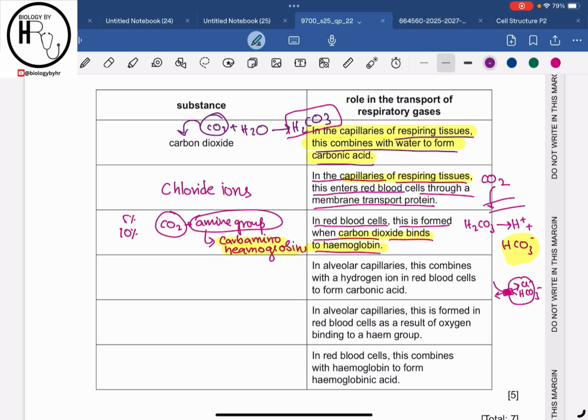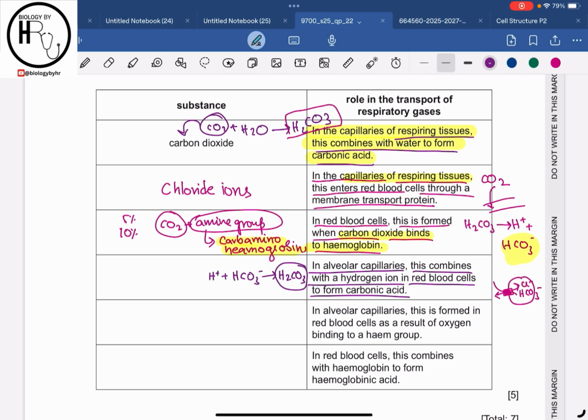Now the next pointer over here is that in the alveolar capillaries, this combines with the hydrogen ions in the red blood cell to form the carbonic acid. So what will happen is that we know H positive ions are going to combine with the HCO3 minus and form the H2CO3, which is the carbonic acid.